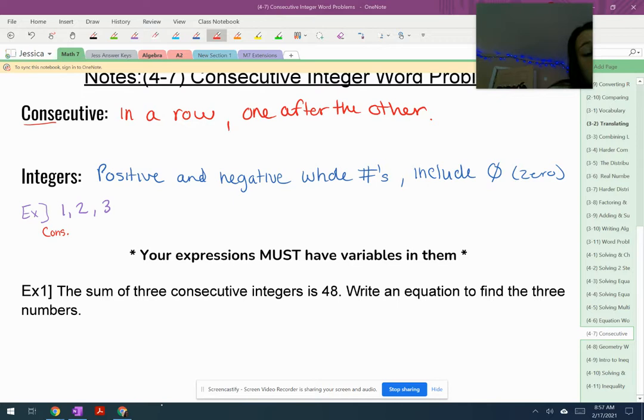Those are consecutive positive integers, 1, 2, 3, one after the other. You could also look at consecutive negative integers, something like -5, -4, -3. Those would be consecutive negative.